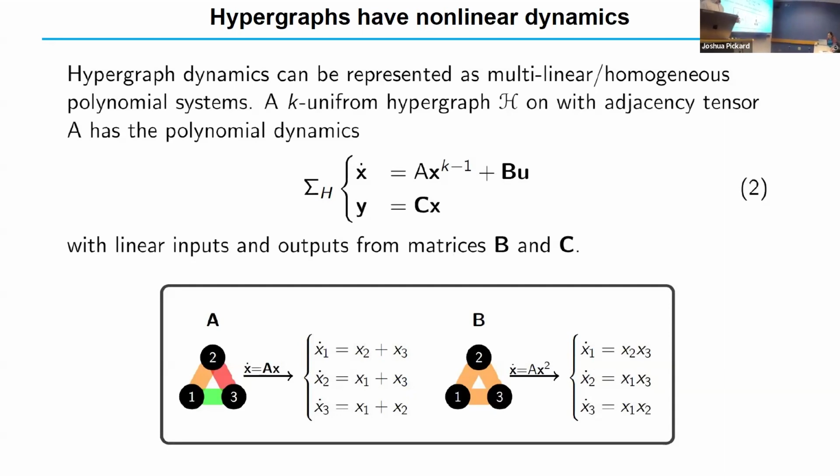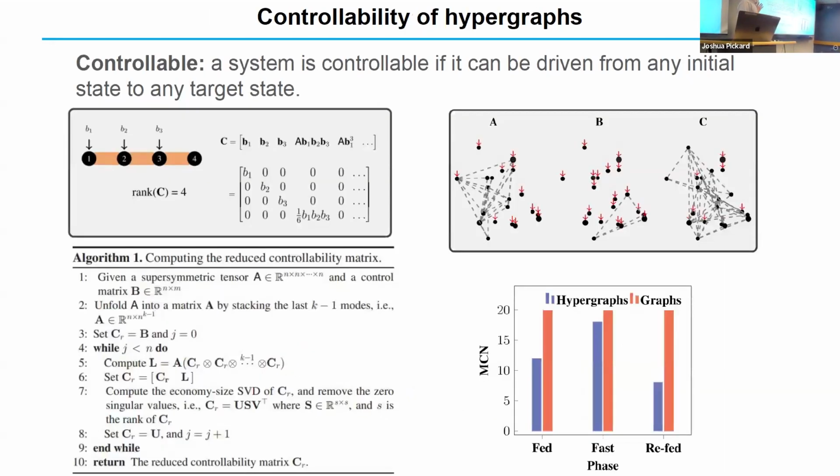And from these dynamics, we can think about how we can control the system, and how we can observe or make some type of sensor measurement from the system. So this is a project I did not do at all, but a system is controllable if it can be driven from any initial state to any target state.